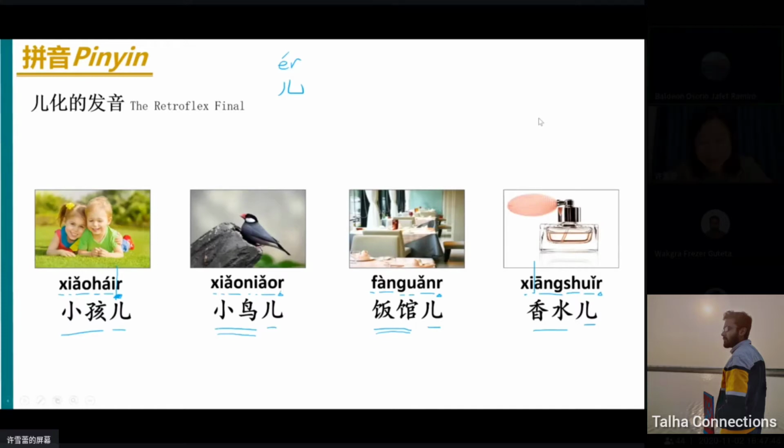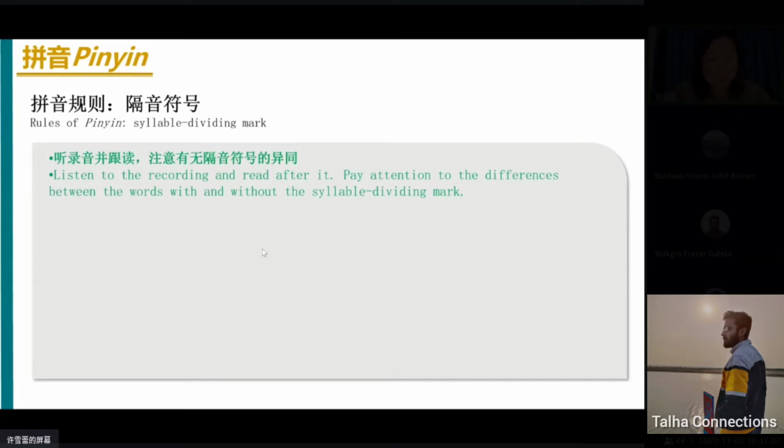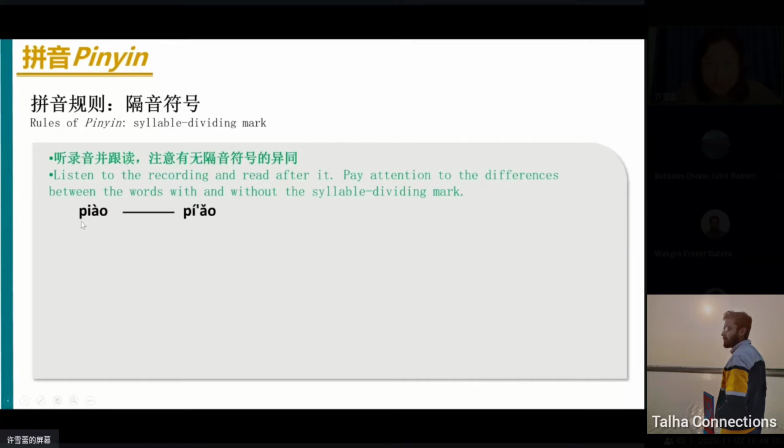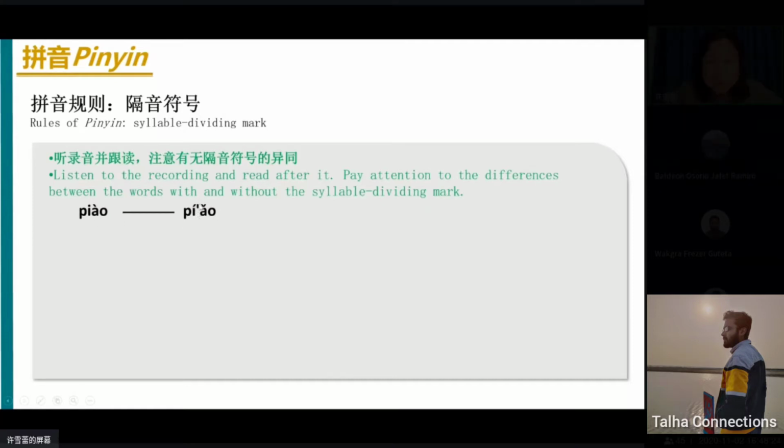Who is 小孩儿? 谁是小孩儿? Alright, and one more thing we are going to mention now is the syllable dividing mark. Now, there's only one. This one here. Look at the first example. If this is one syllable, we need to read it as p-i-ao, 票. But if you see here's the dividing mark, it is no more one syllable.